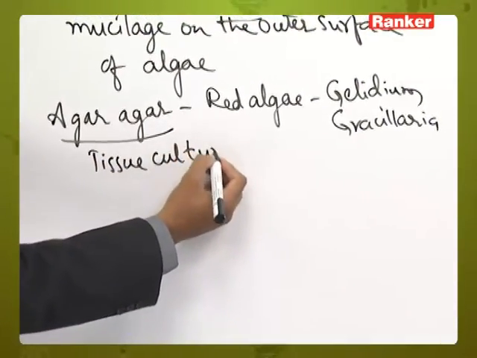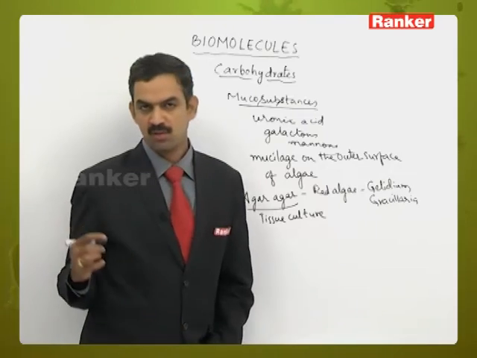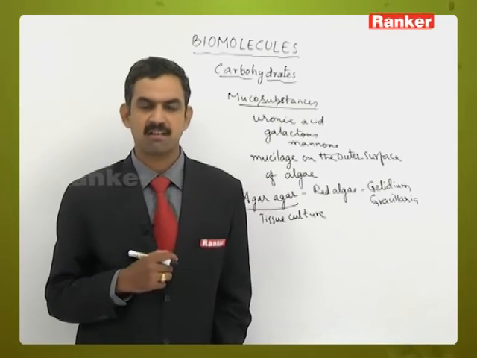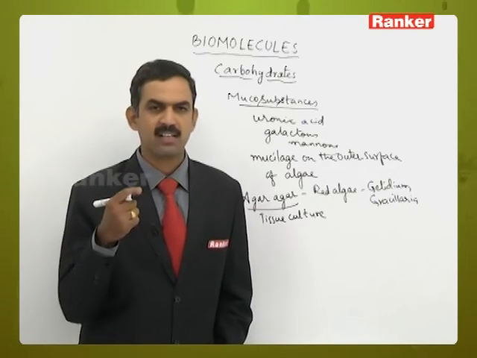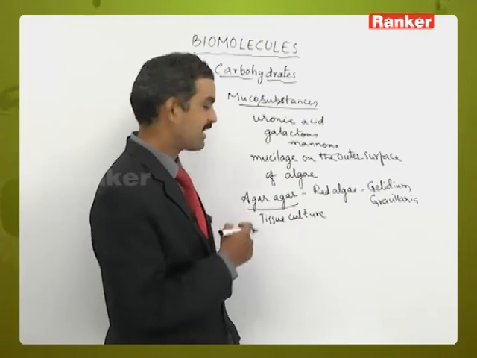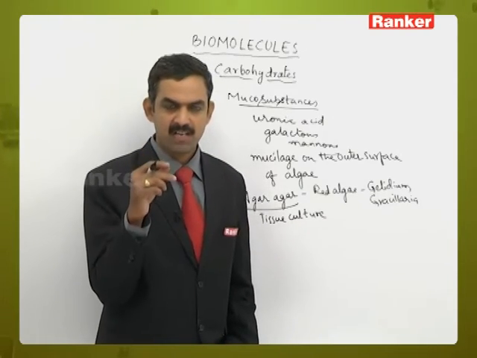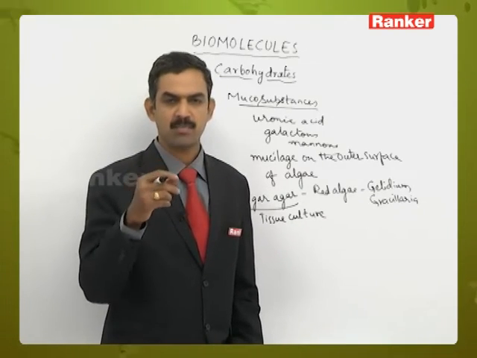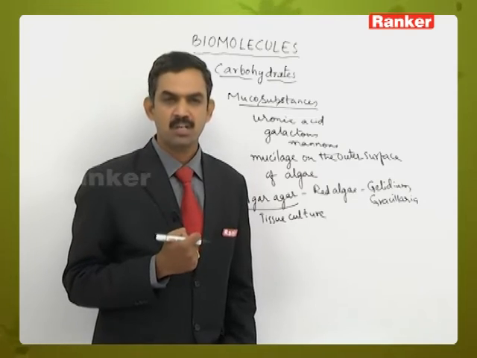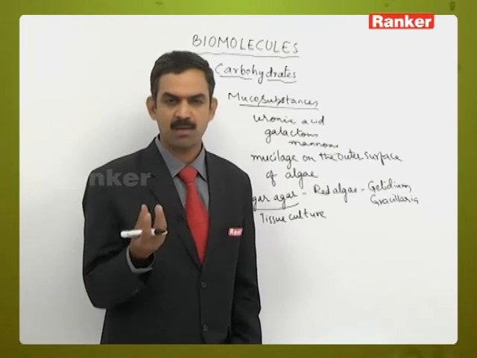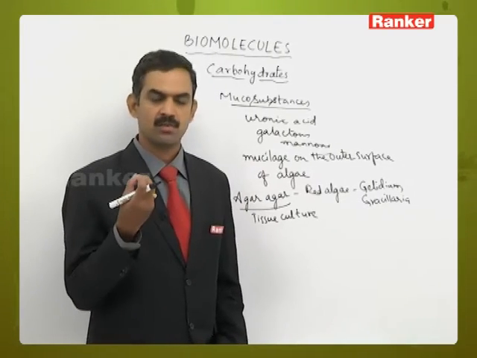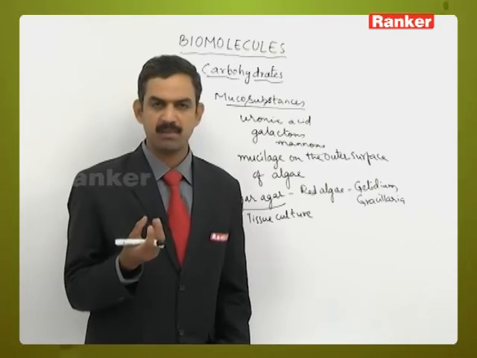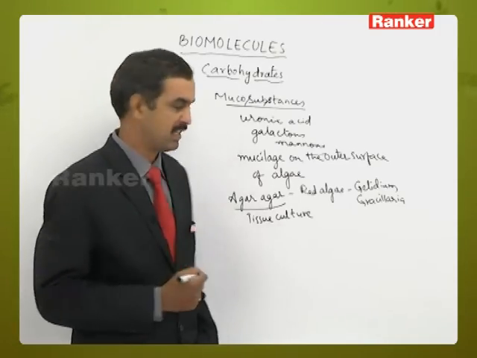In the tissue culture process, we know that the culture medium is prepared in a liquid form. In order to solidify that culture medium, agar-agar is added, so that on the solidified culture medium we can inoculate the explant. By absorbing the nutrients from the culture medium, the explant will grow into a small plantlet.